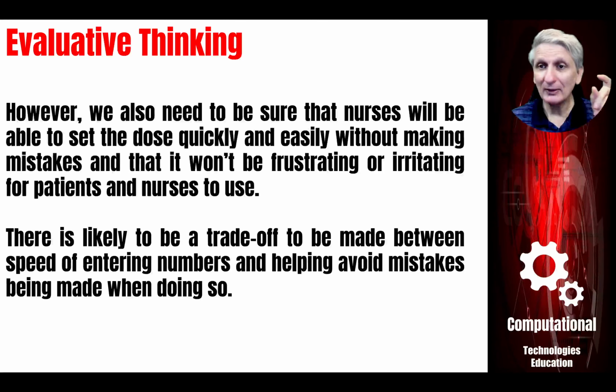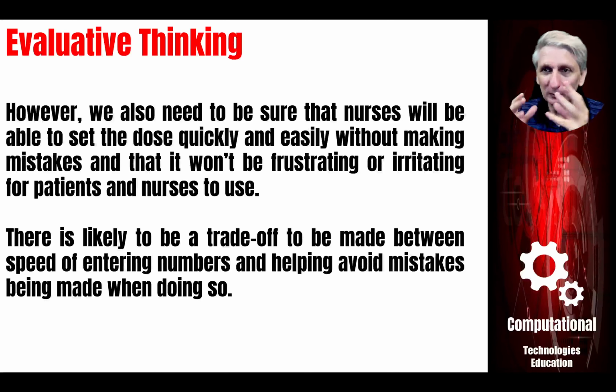It's not as accurate as typing in the exact value to 3 decimal points, but it means that the nurse can make the changes really quickly, whereas otherwise they might have to take an hour to reprogram it and or set it up and so forth. So there could be really good reasons why we would accept some loss in accuracy. Obviously not so much that it would be likely to be dangerous, but so that it's actually more performative in terms of its function.